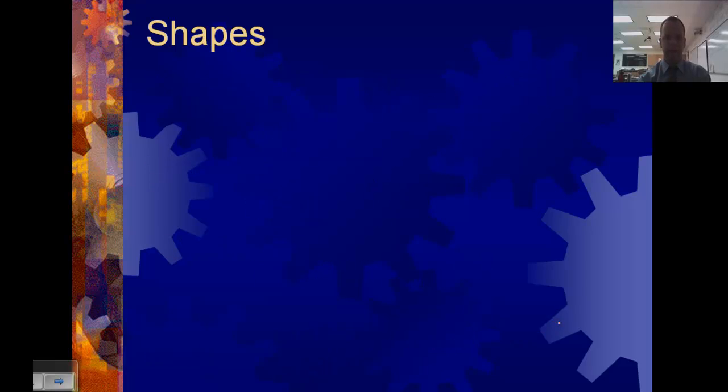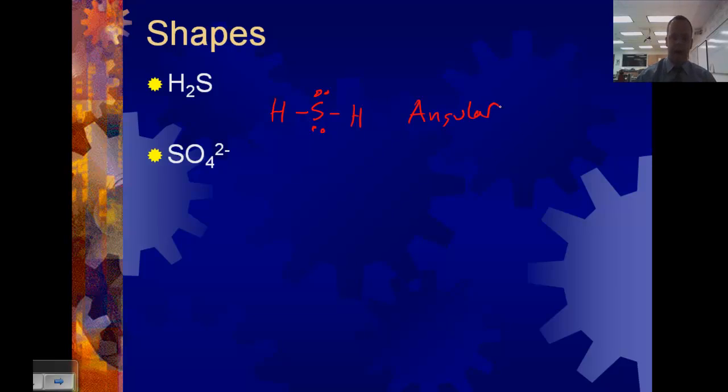Let's do a couple more examples. H2S. We do H2S. Sulfur has 6 electrons, each hydrogen has 1. This would be angular. SO4 2-.